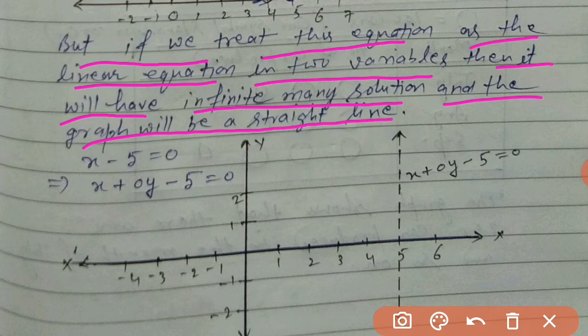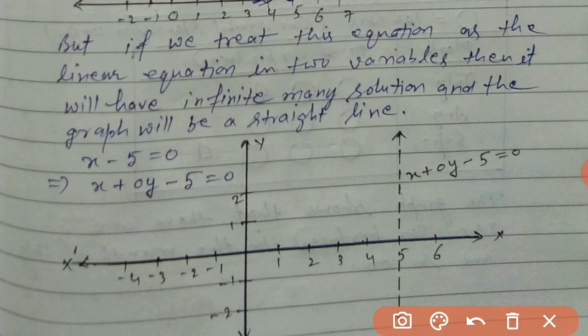So now let's draw this graph. Given that x minus 5 equal to 0, we can write this equation in two variables as x plus 0y minus 5 equal to 0.